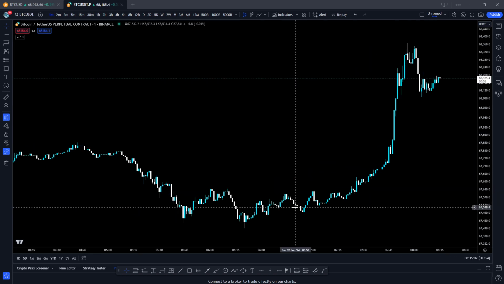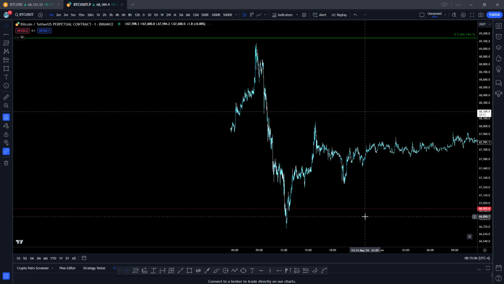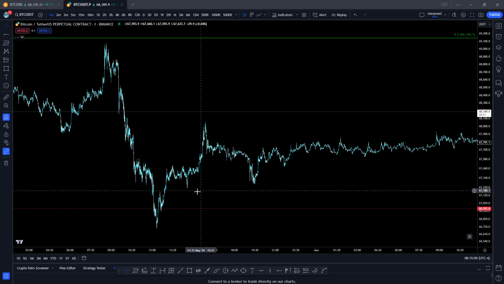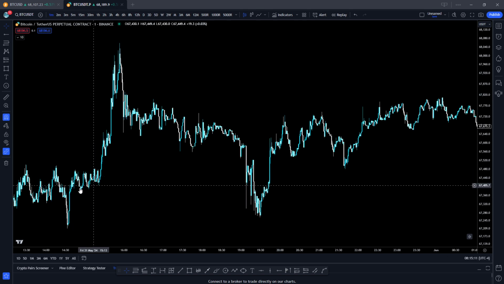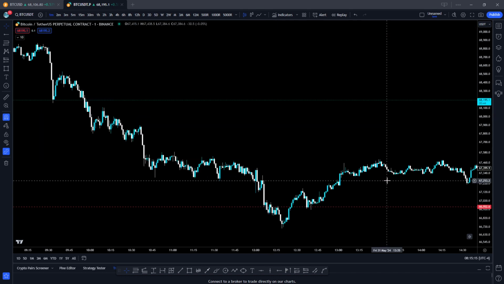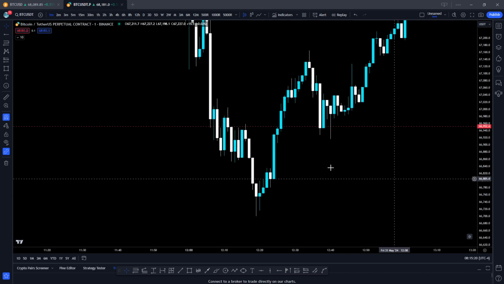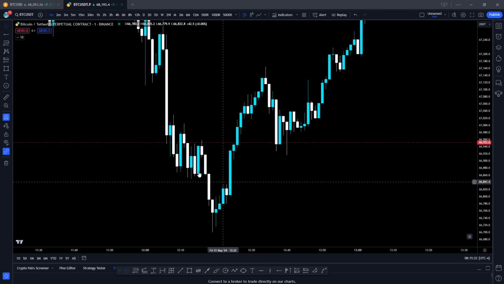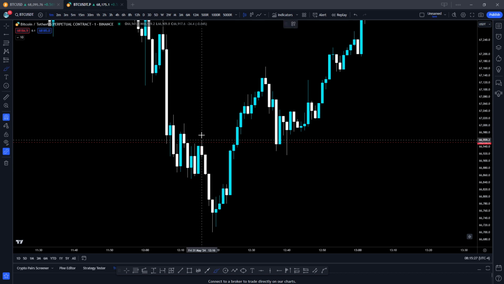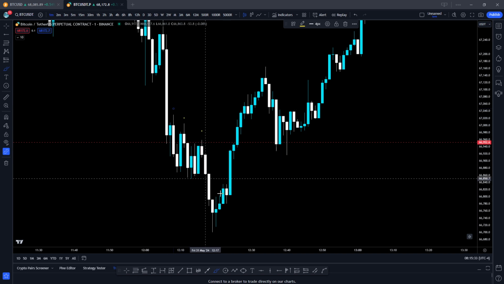Let's go to the 1 minute. So we've come down into that old low, and we are looking for that shift in market structure. We're on the 1 minute. First thing you notice, we have these internal highs in here. There's 3 of them.